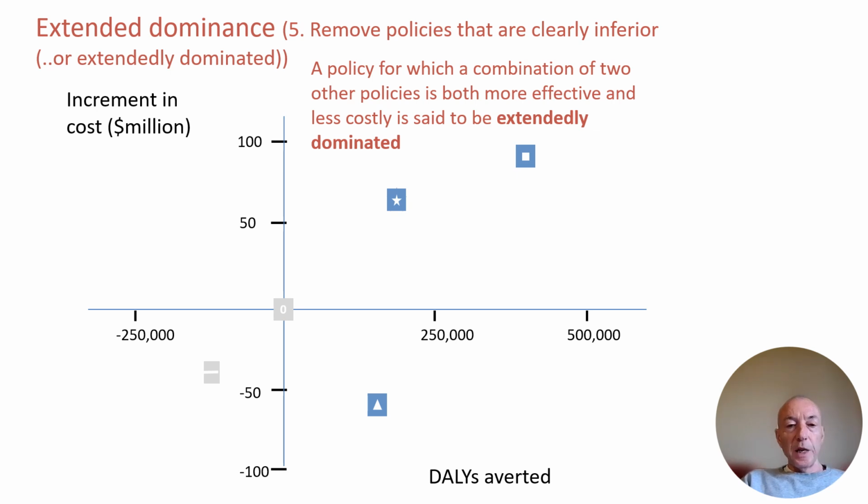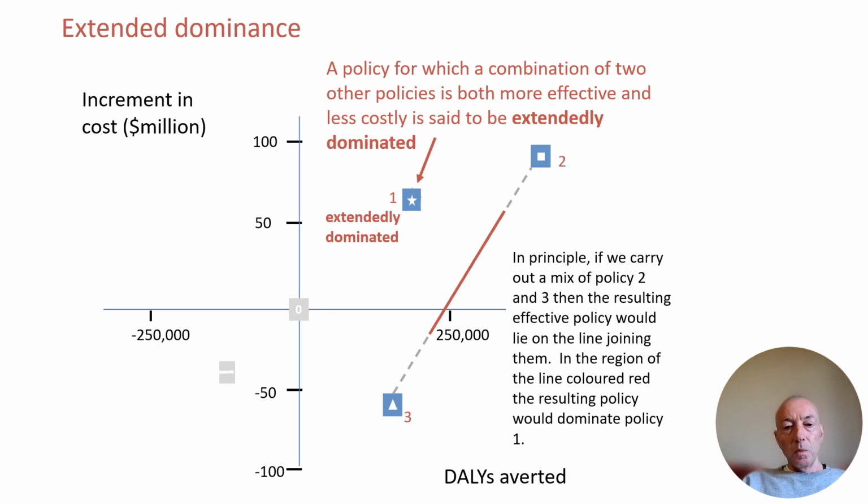So what about extended domination? A policy for which a combination of two other policies is both more effective and less costly is said to be extendedly dominated. So if you consider policies 2 and 3 with the square and the triangle, if we could carry out a mix of policy 2 and policy 3, then the resulting policy would lie somewhere on the line joining 2 and 3.